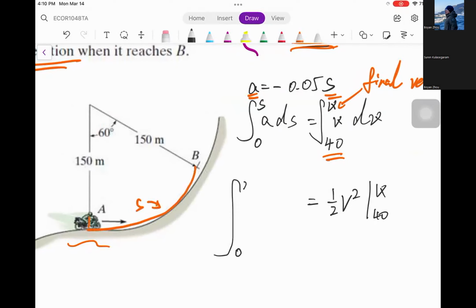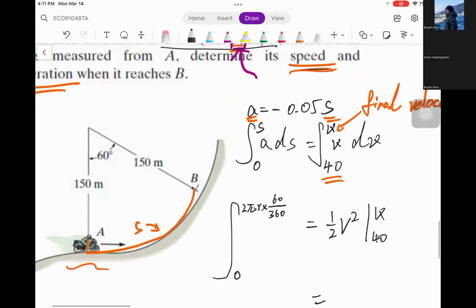So it's going to be 2 pi r times 60 over 360. That is the equation to find this one, just the geometry. And the acceleration given is equal to negative 0.05 s ds. So again, moving this one up.